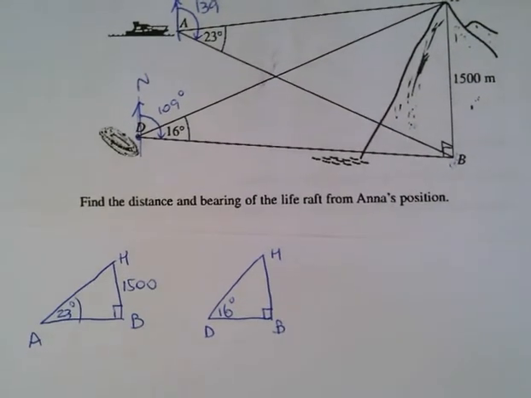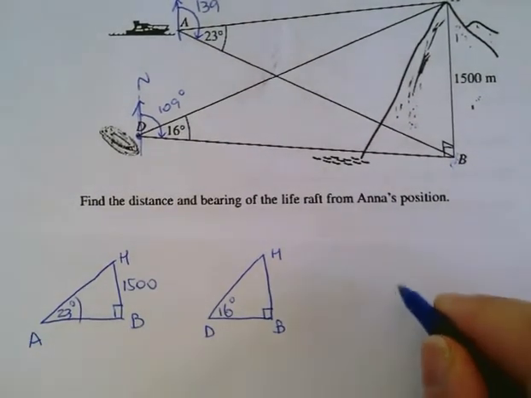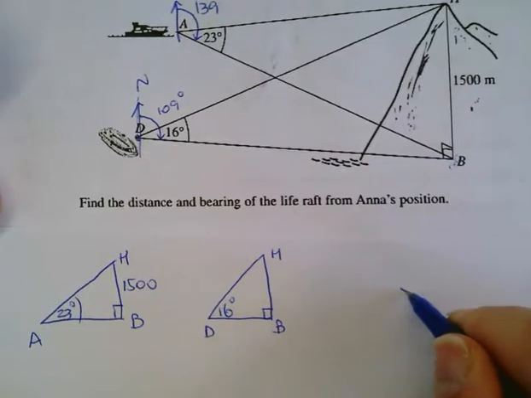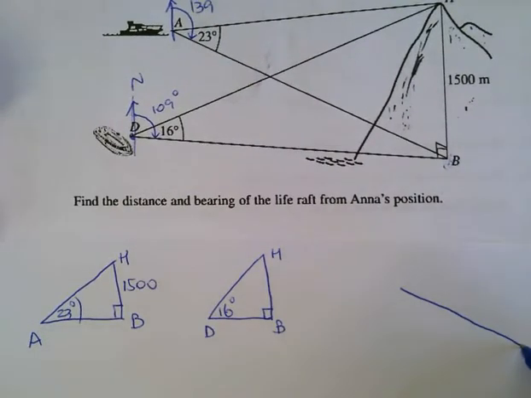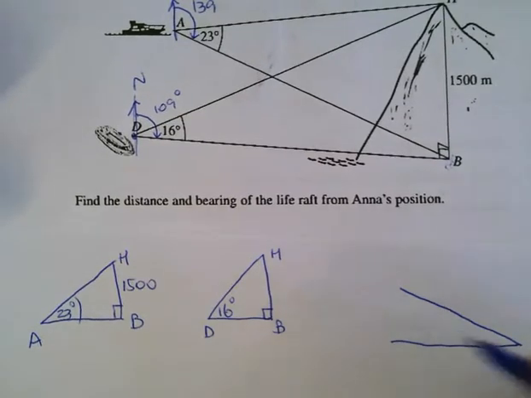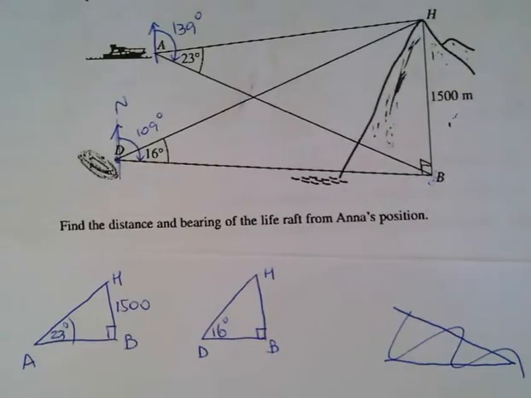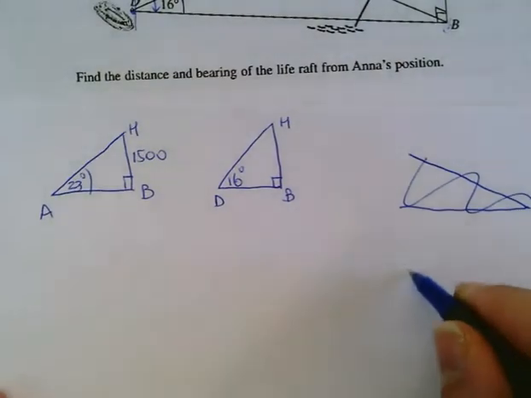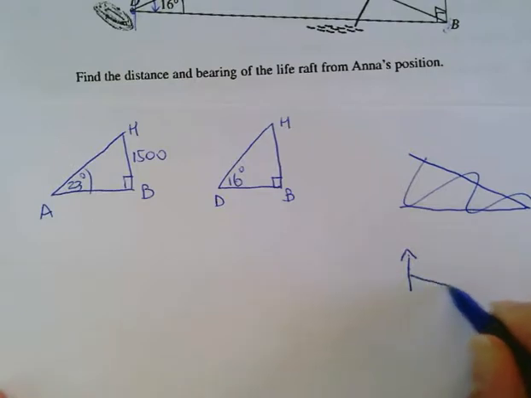And now I'm going to draw the base level diagram. So on the ground, this is what I've got. Actually, that's not drawn very well. I'll draw it in a minute. I've got north, this is about 139.